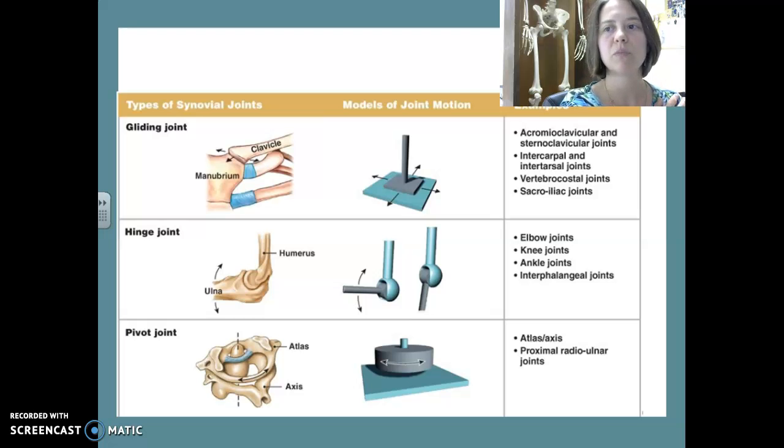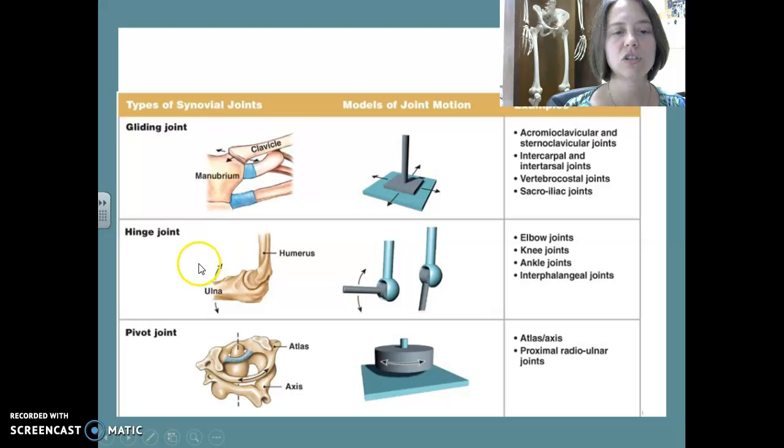There's a little bit of movement between those 2 points, and we'll look at that more closely in class. And the sternoclavicular joint, where there's a little bit of movement between your sternum and your clavicle when you move your shoulder around. And then we already talked about intercarpal and intertarsal joints, the joints between the carpals and between the tarsals. And then vertebrocostal joints and sacroiliac joints, so between the sacrum and the ilium.